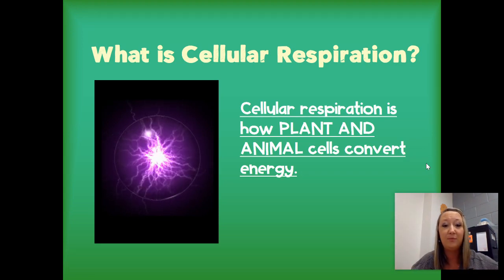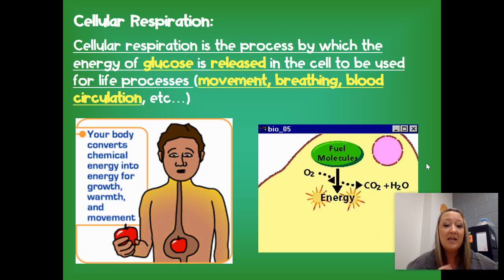Now, cellular respiration, for our definition, is the process by which the energy of glucose gets released into the cell to be used for life processes like moving, breathing, circulating blood, right? And until it's released on a cellular level, we can't do anything on an organism level. So your body takes the food that we eat, in all different forms.